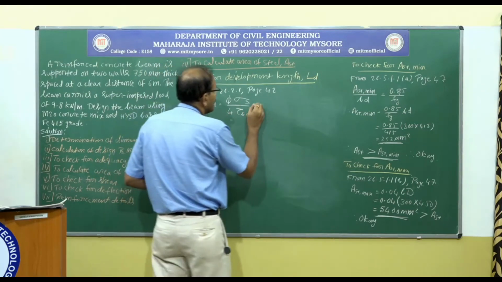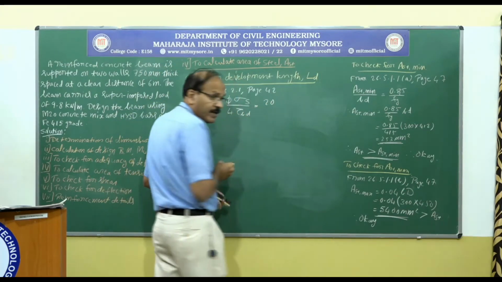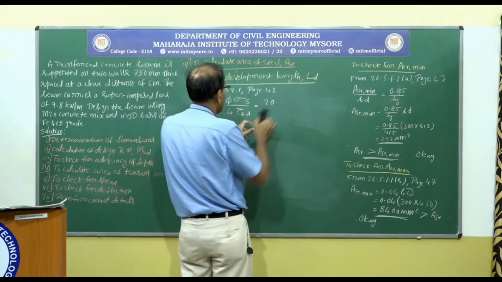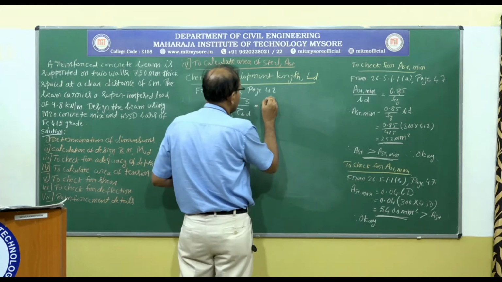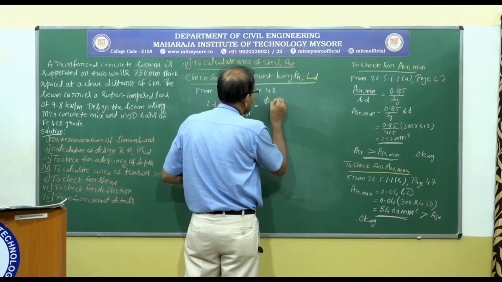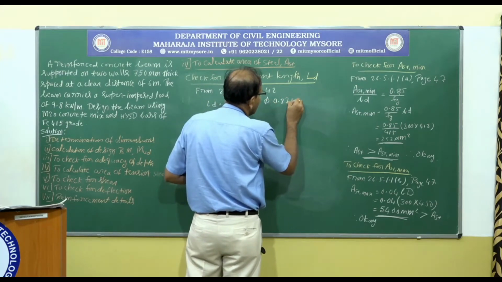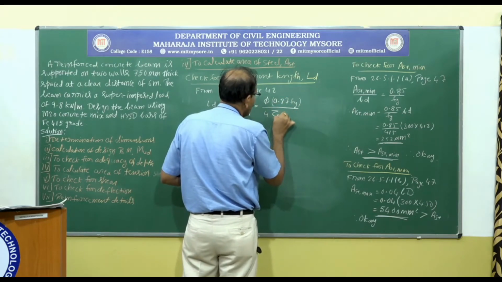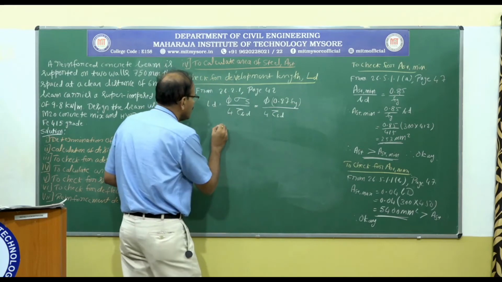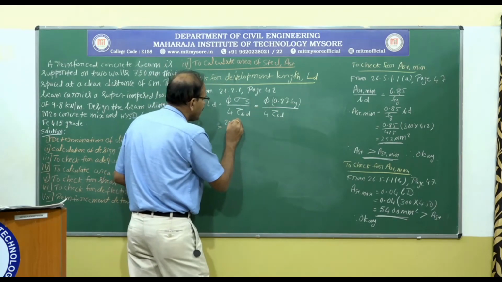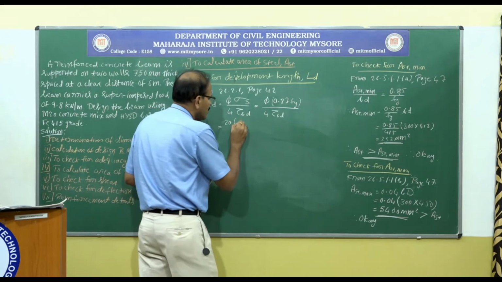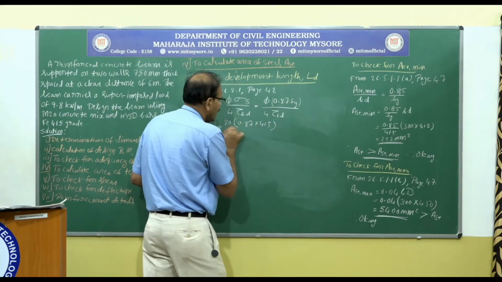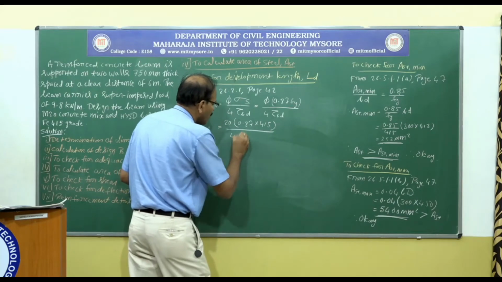So this is the diameter of the bar, 20 millimeter diameter, that is phi value. Okay, I am going to write one more step: phi into 0.87 Fy divided by 4 tau BD. That is equal to, phi is 20 millimeter diameter bar, 0.87 into 415 divided by 4.